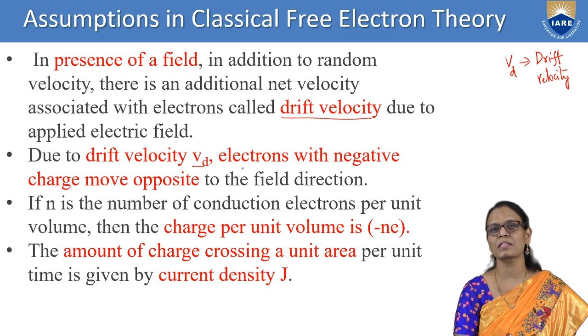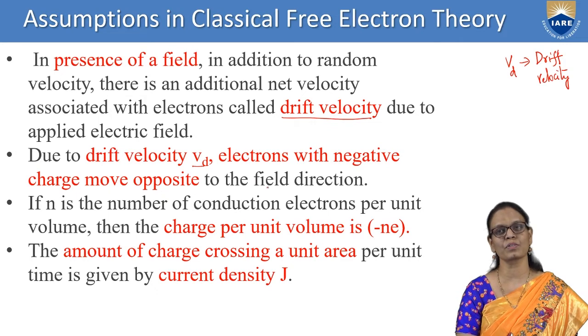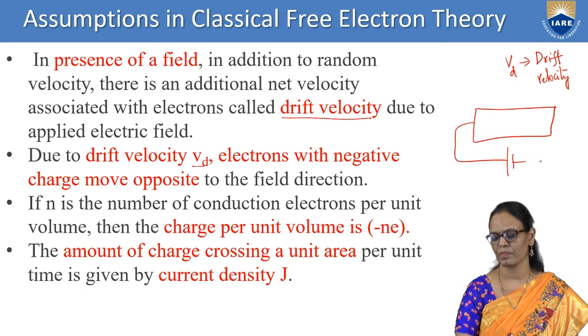How do these electrons drift? These electrons, which possess negative charge, move opposite to the field direction. What do we mean by opposite? Say this is a container or the solid, with positive and negative ends.